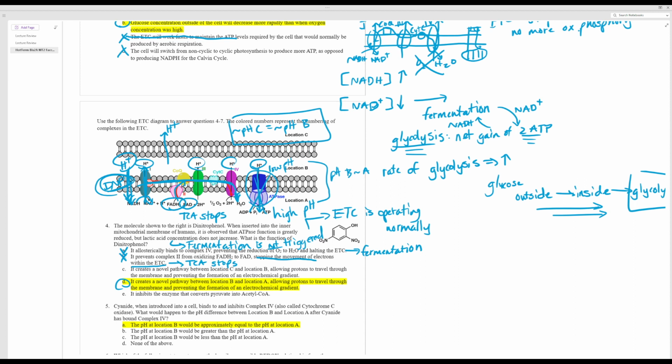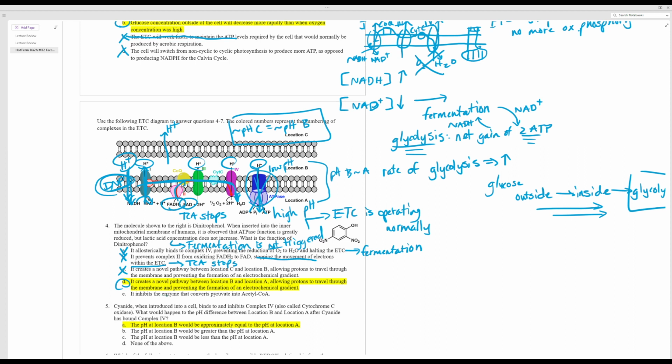So even though location B and location C have the same pH, they could still be lower than location A, meaning that location B and C have a higher H plus concentration than location A, which means you would still be able to get ATPase function or ATP synthase function. So C doesn't work. D, we already said, that's the answer, right?